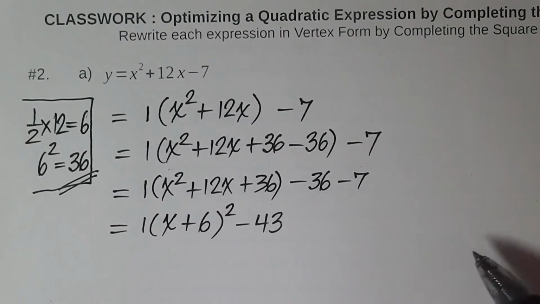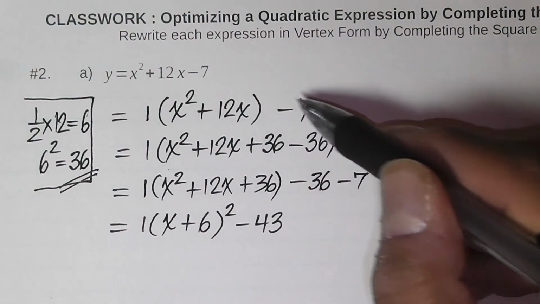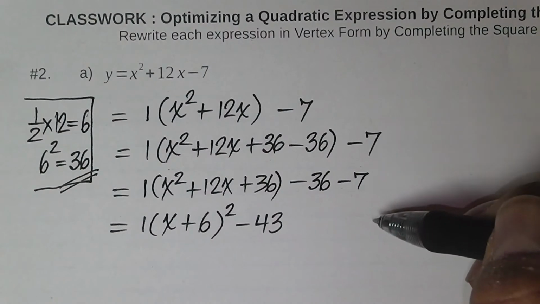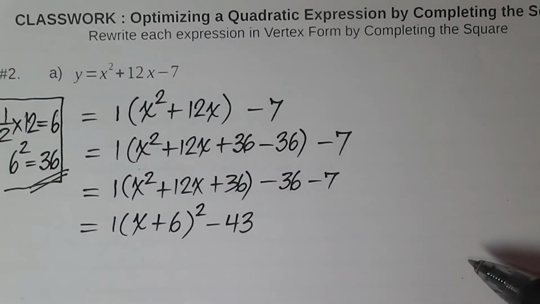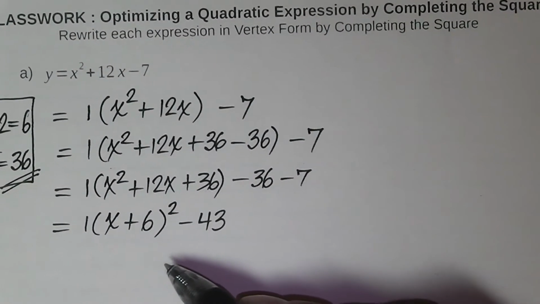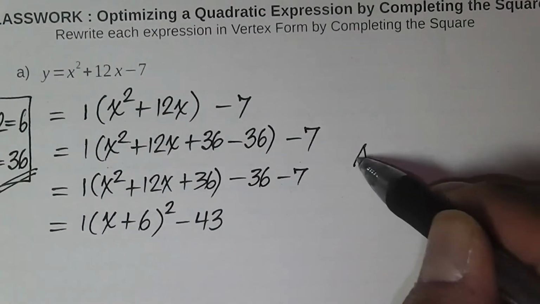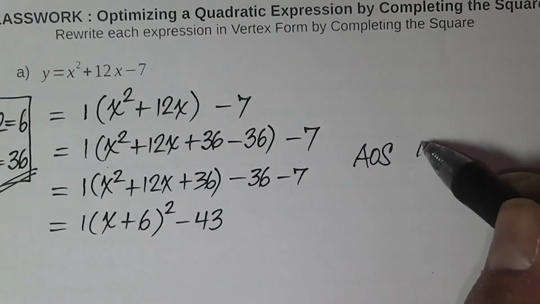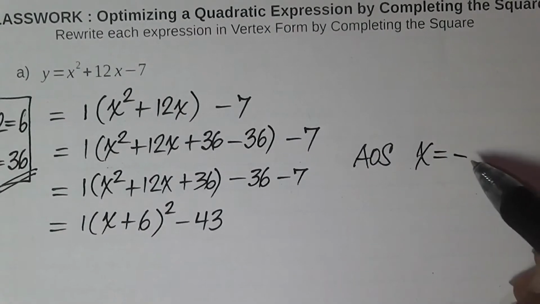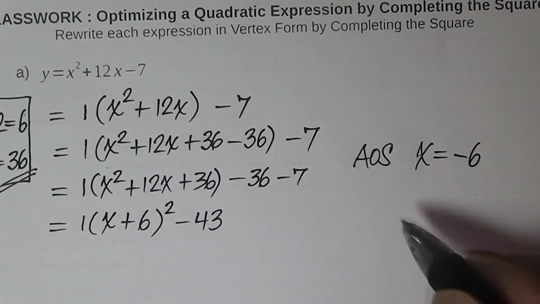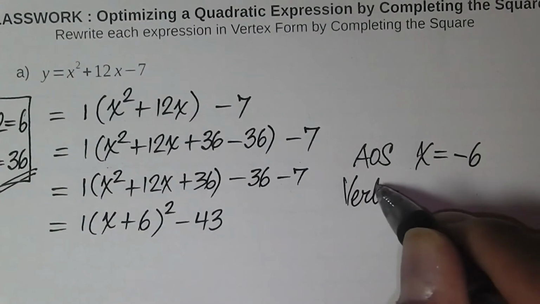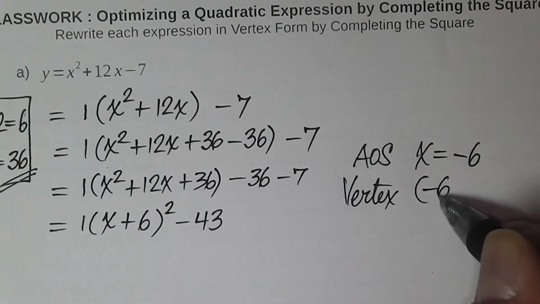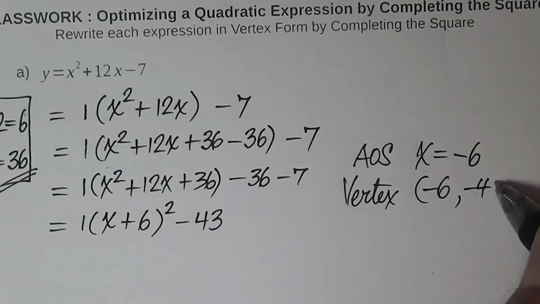So we've taken our equation from standard form, completed the square, and written it as vertex form. We know that's vertex form because by looking at it, we can tell that my axis of symmetry is x equals negative 6. My vertex is negative 6, negative 43.